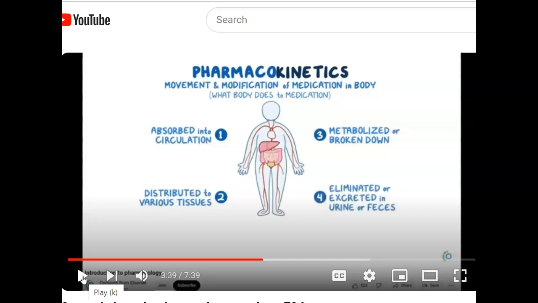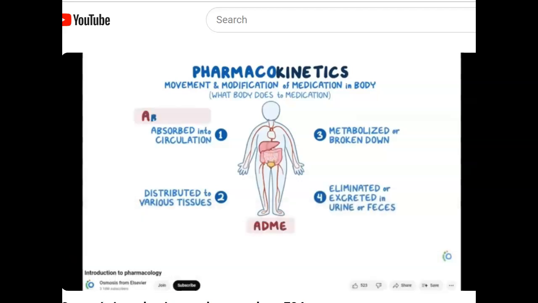So this is what we refer to as pharmacokinetics, the ADME. That's an acronym you'll also often see. So pharmacokinetics, the movement and modification of your medication in your body, ADME: absorbed, distributed, metabolized, eliminated, or excreted. You can remember this as ADME: absorption, distribution, metabolism, and excretion.